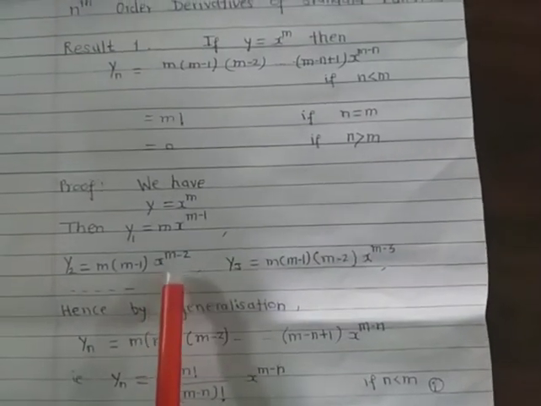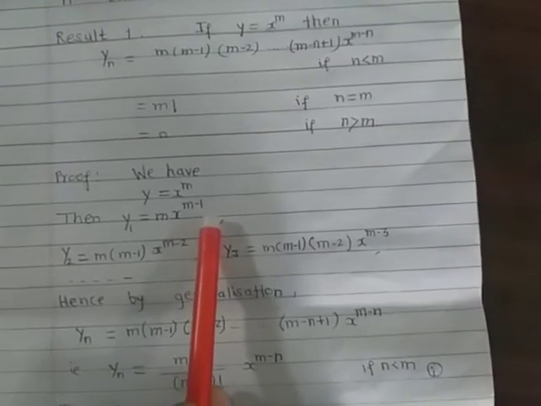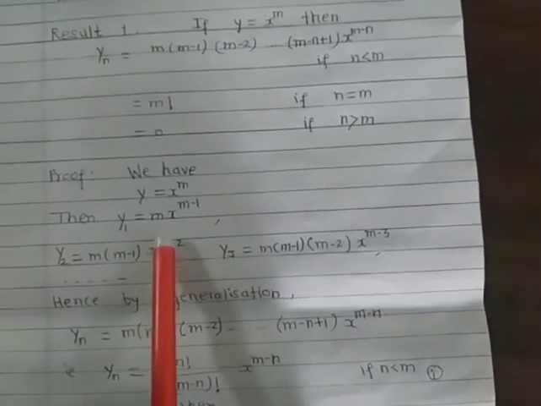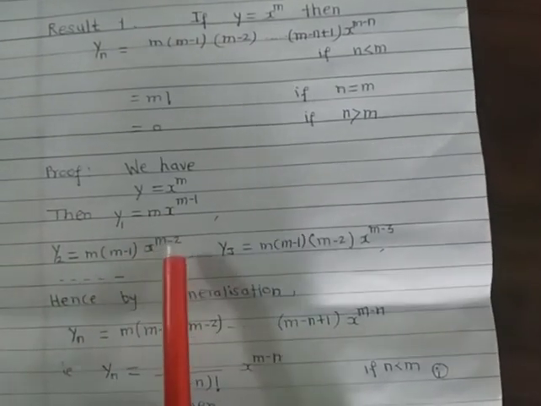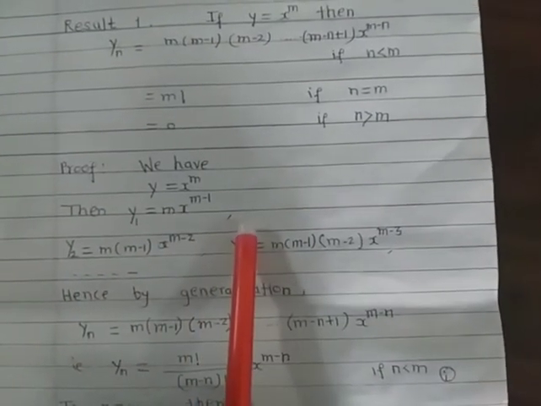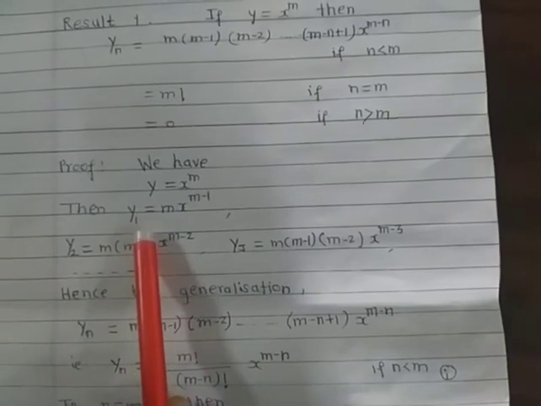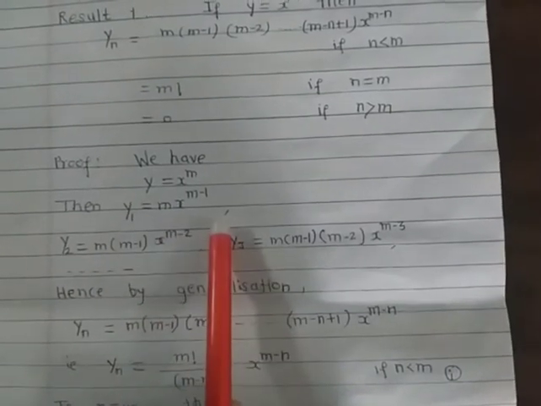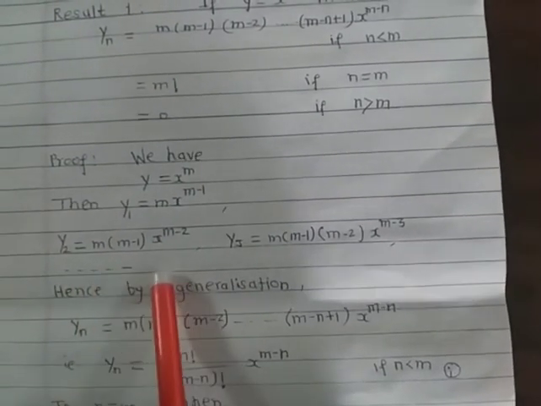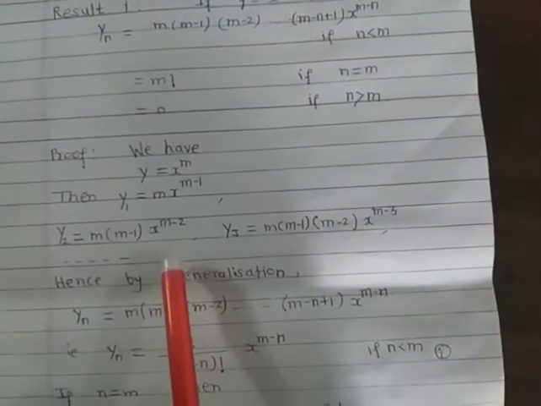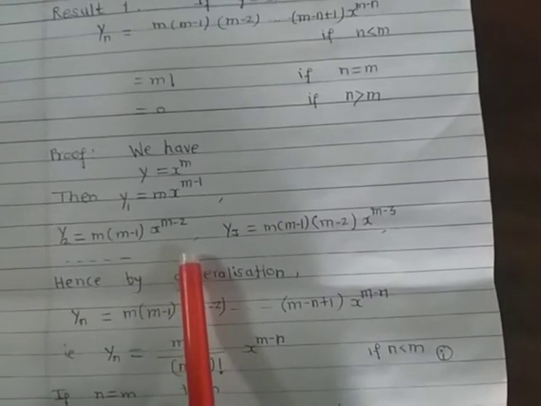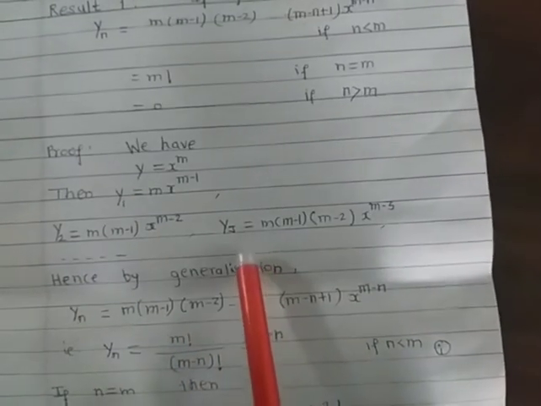We have given that y equal to x raised to m. Then differentiating both sides with respect to x, we get y1 equal to m into x raised to m minus 1. Again differentiating this y1 both sides with respect to x, we get y2 equal to m into (m minus 1) into x raised to m minus 2.